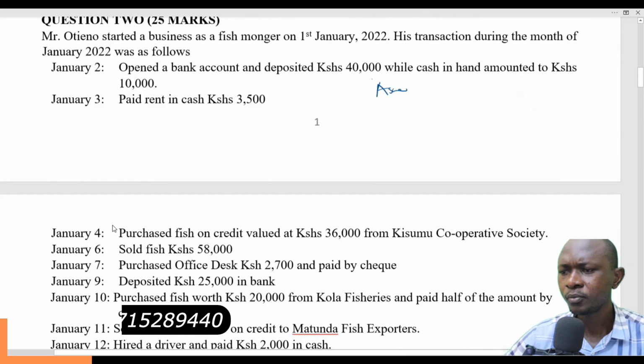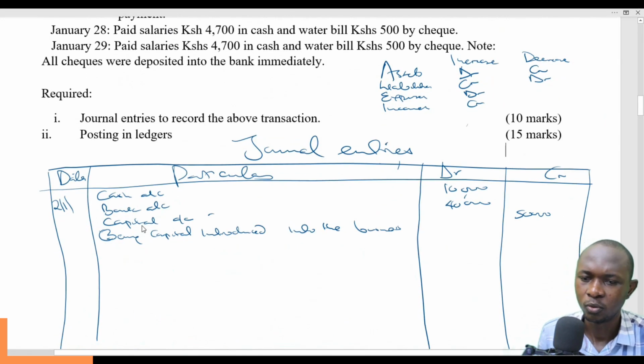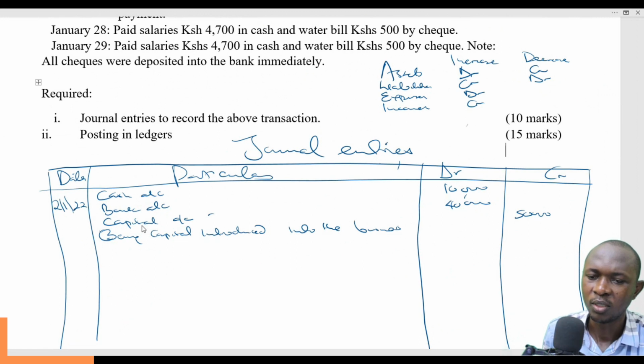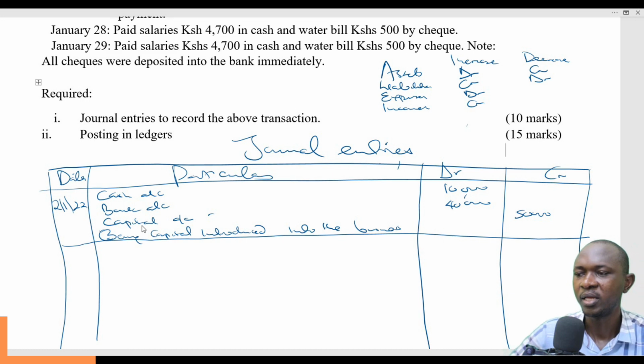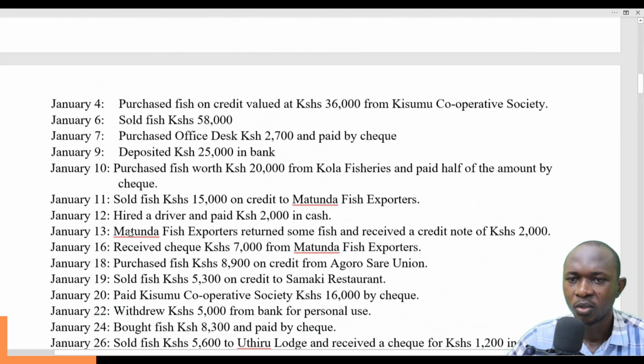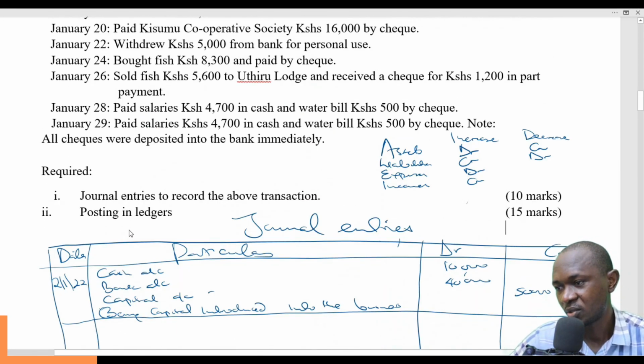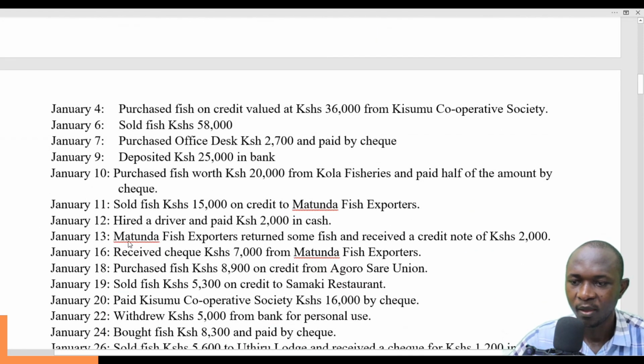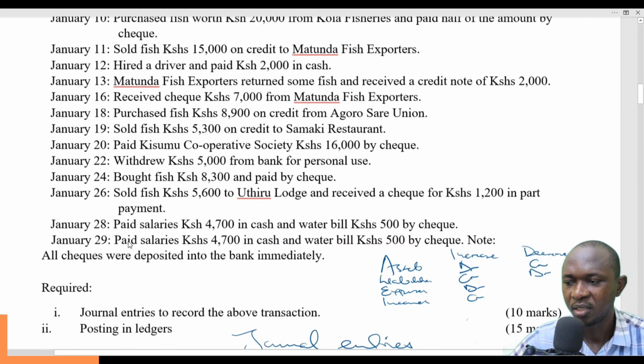So that is the journal entry. You just pass it like that, then you'll be good to go. That is the first transaction. And remember, capital is a liability. That's why we credited. I told you for liabilities, an increase, you credit.